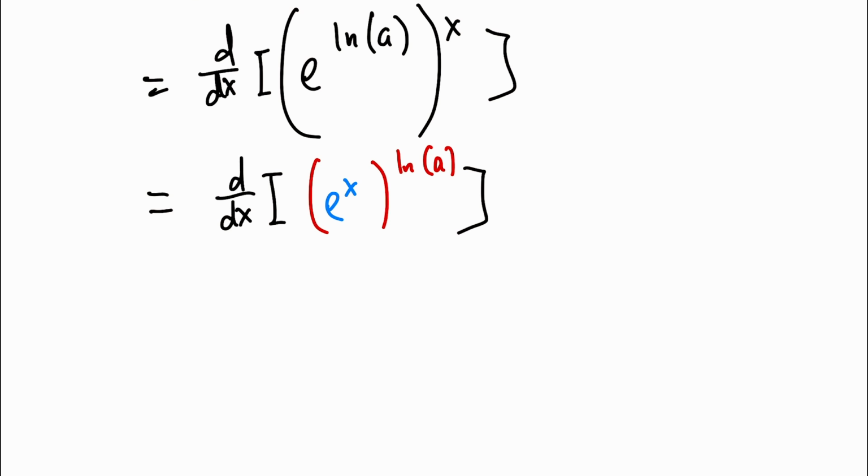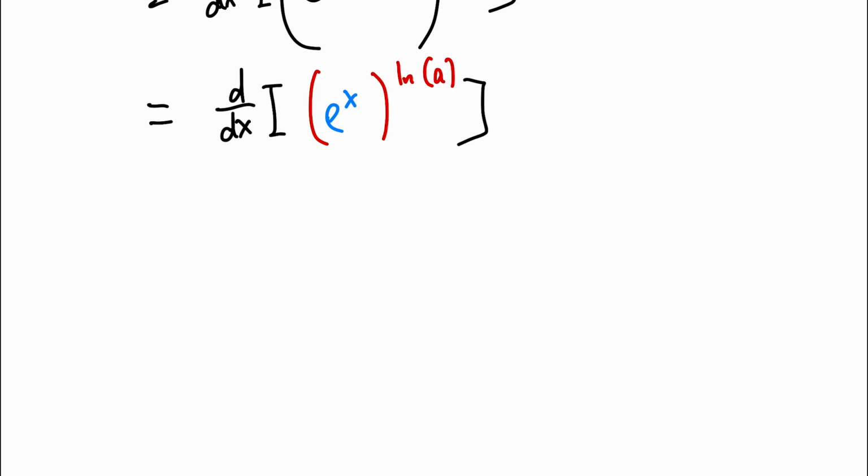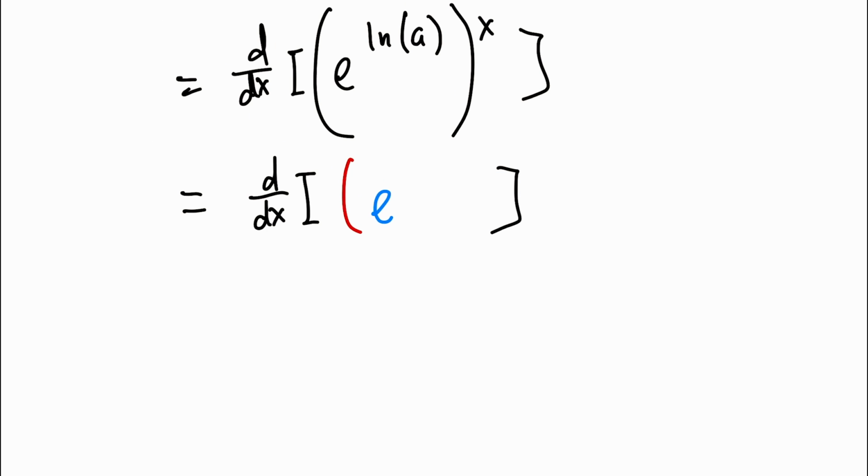We can use the chain rule. So we can use the chain rule on this thing so that we get what we want. So over here, we want to see this as a function, so we can make this function: e to the x times ln of a.